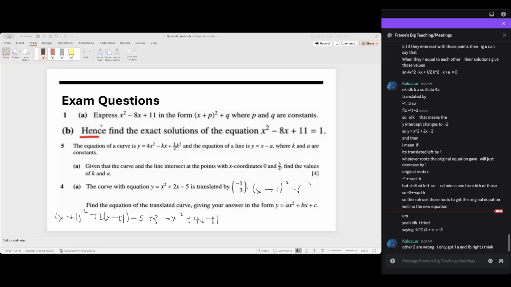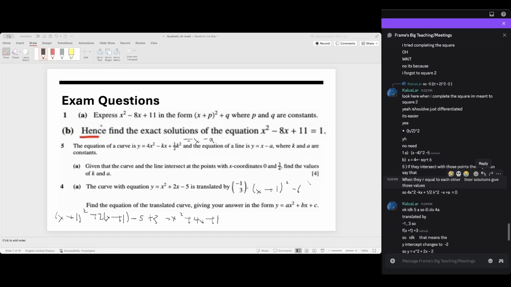So we know that x is equal to 0. We know that equals x minus a. So if they intersect, I guess you can say that give these values.